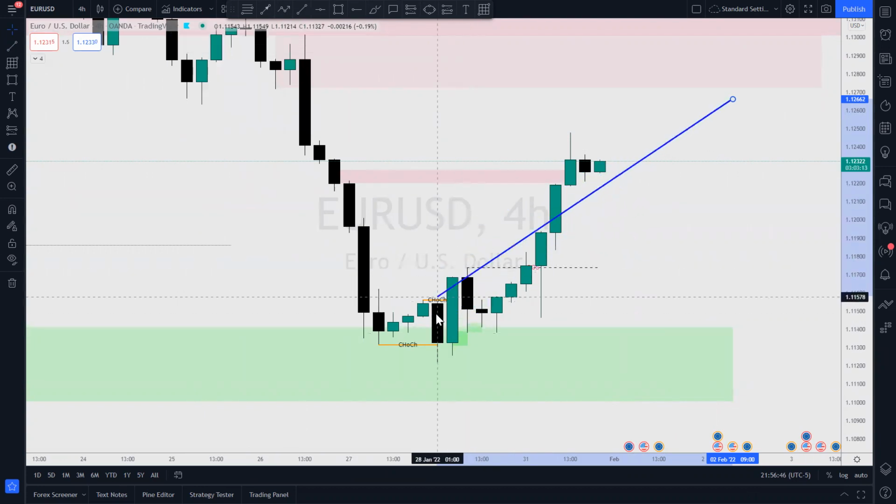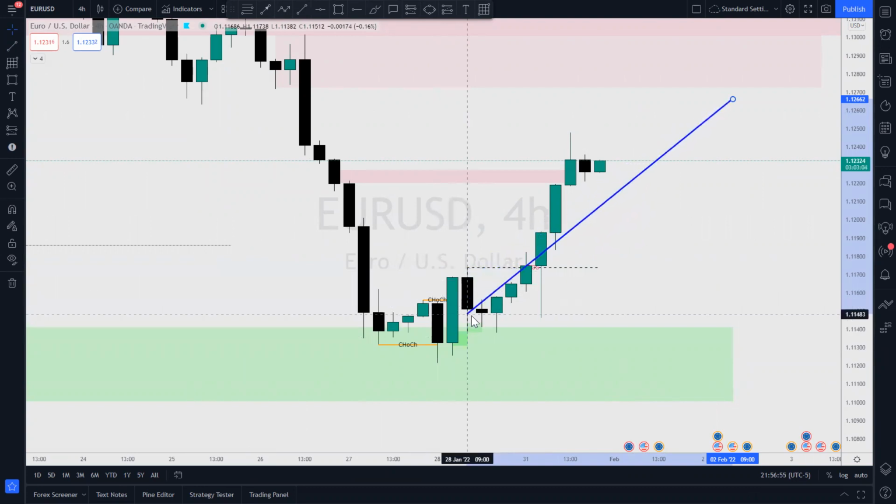Price had formed this bearish engulfing pattern, with this bullish candle engulfing this bearish one. And we were here, with price coming back to test the base candle of this bullish engulfing pattern.